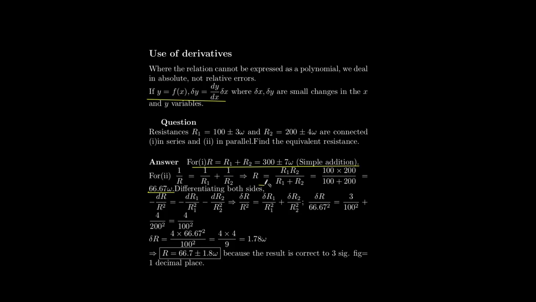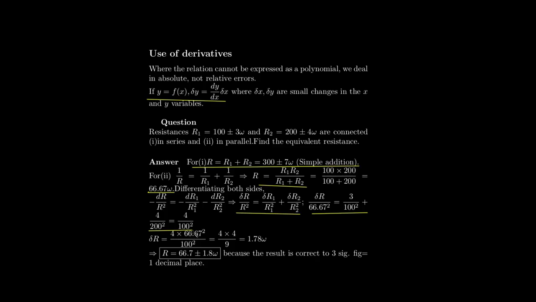Differentiating this particular relation on both sides, we get minus dR by R square equal to minus dR1 by R1 square minus dR2 by R2 square, which implies delta R by R square equal to delta R1 by R1 square plus delta R2 by R2 square, or delta R by 66.67 square equal to 3 by 100 square plus 4 by 200 square, which is equal to 4 by 100 square.